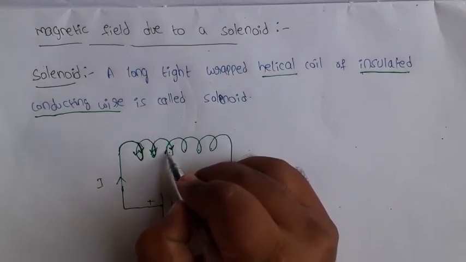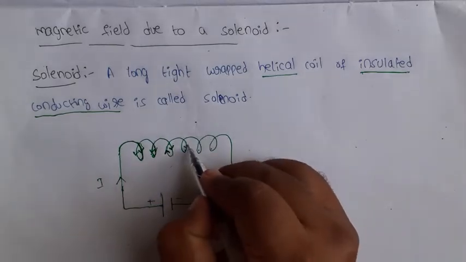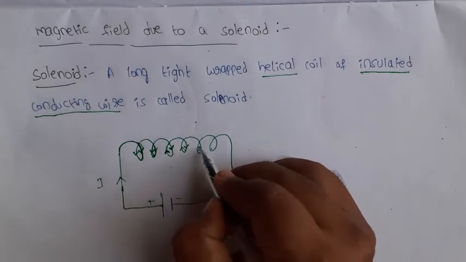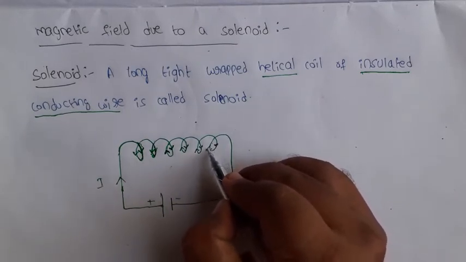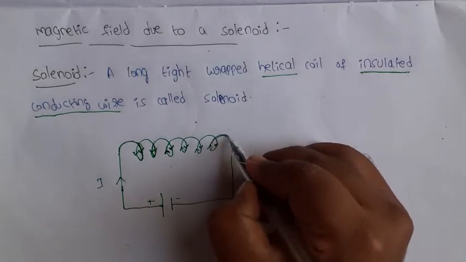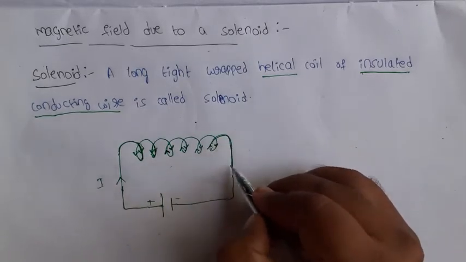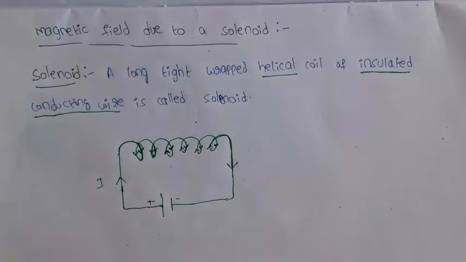This is entering, this is outgoing. This is the direction of the current in this circuit.